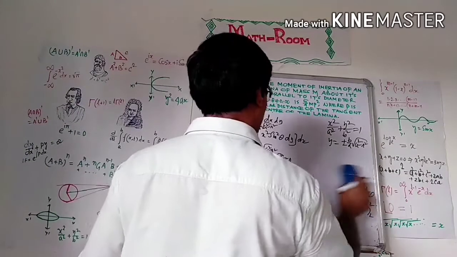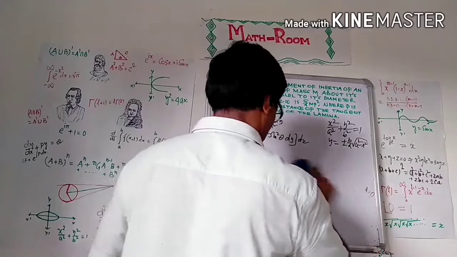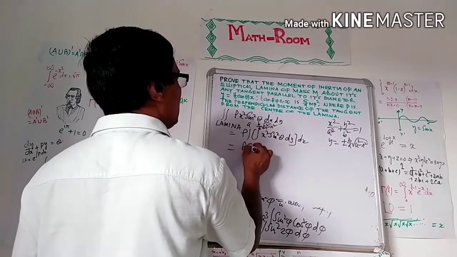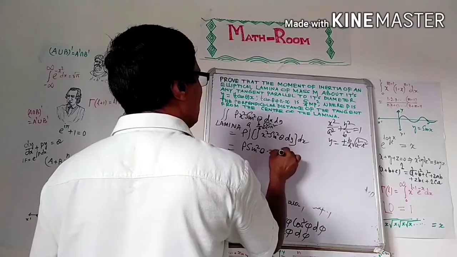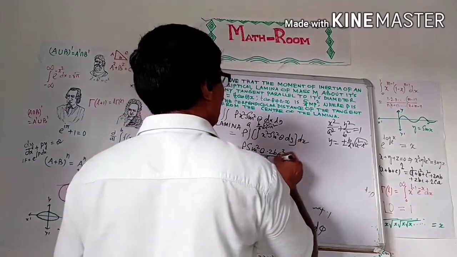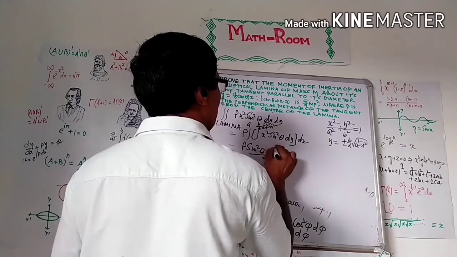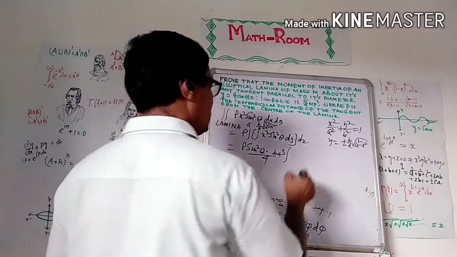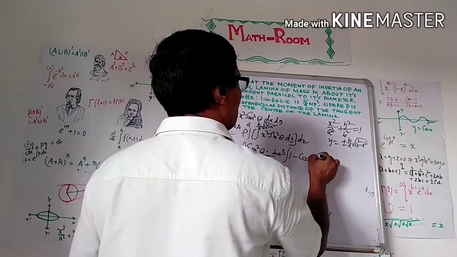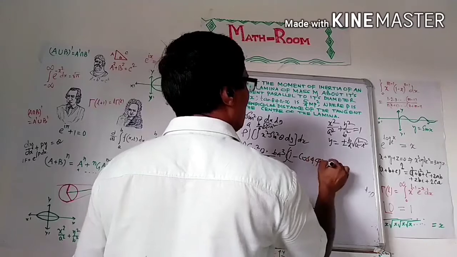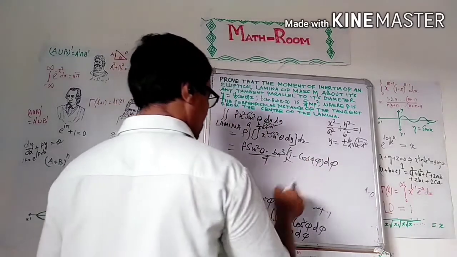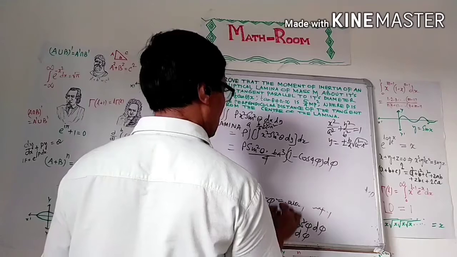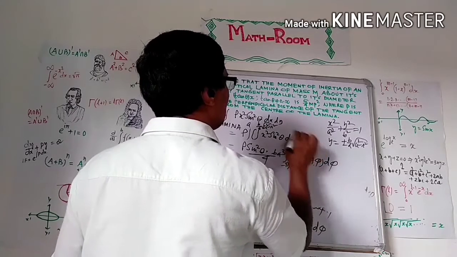This can also be written with 2 sin square 2 phi equal to 1 minus cos 4 phi, and the limit is minus pi by 2 to plus pi by 2.